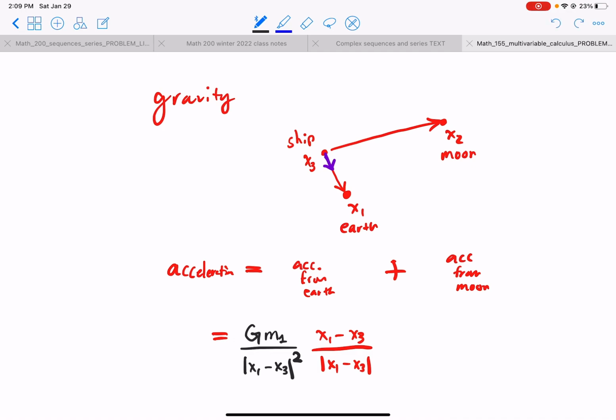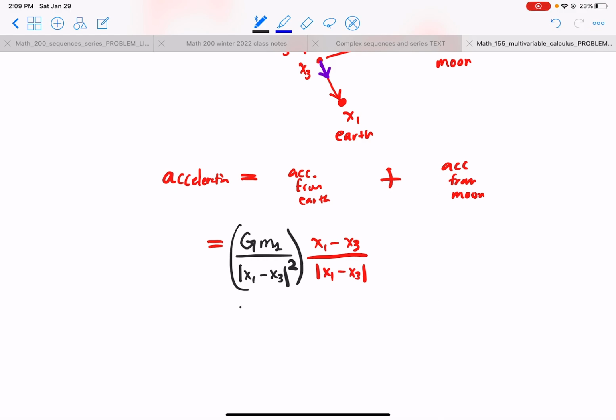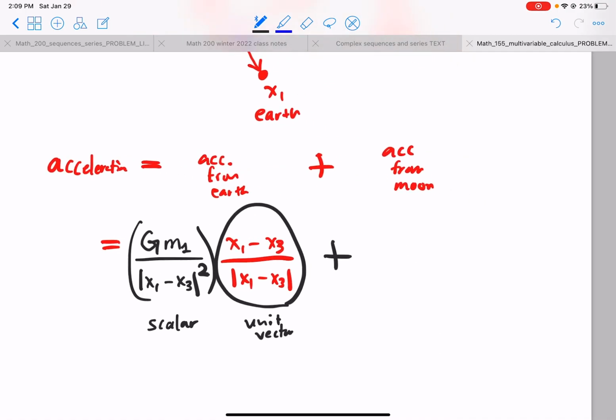But anyway, this is just a number right here. This is a vector. This is a number. And so we have basically a number, or I guess we call it a scalar, and then we have a unit vector, which is a vector.